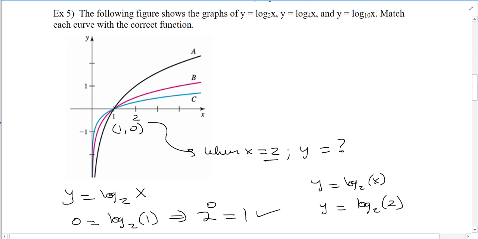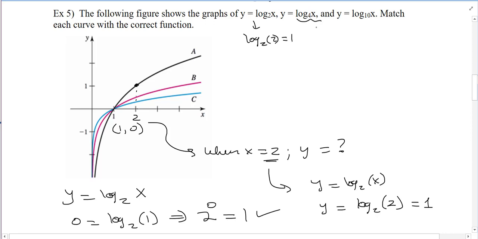I'm saying when x is 2. So what exponent do you put on 2 to get 2? And that would be 1. So when x is 2, y is 1. So that will be this function. Right, and so based on the base, I can go off of that. So now I know that for this one, log base 2 of 2 is 1.